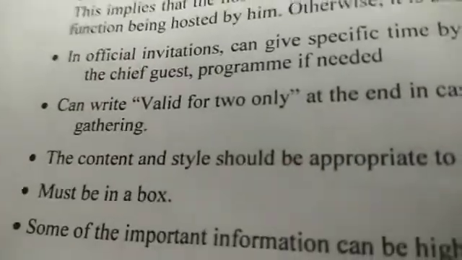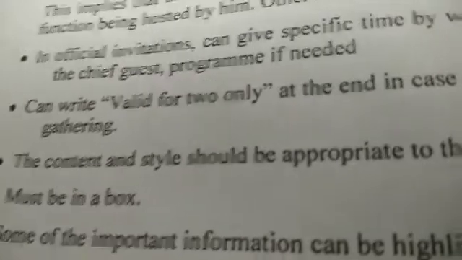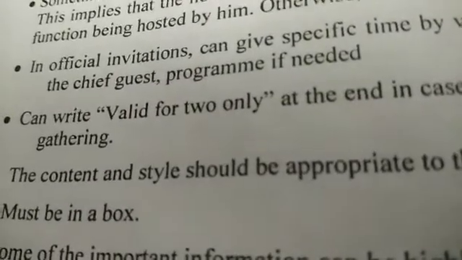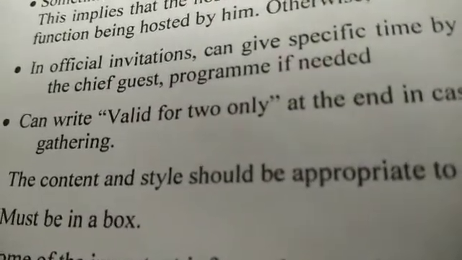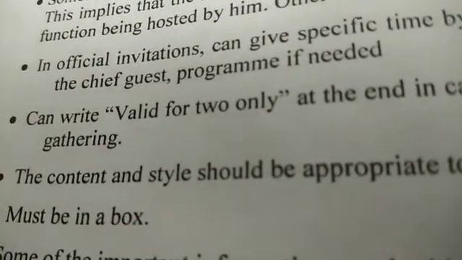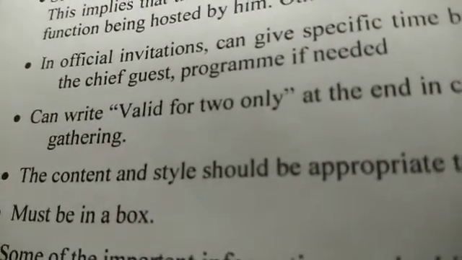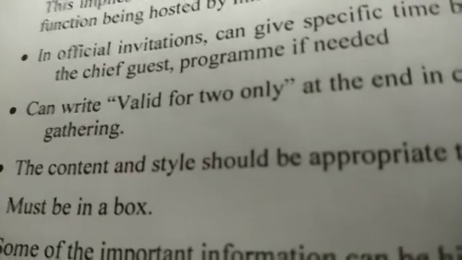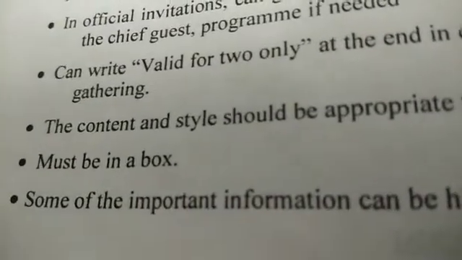It is expected that the guests are seated well in advance. So towards the end of the invitation, you can write a note: guests are requested to be seated by this time. Or you can write instructions like valid for 2 only in case you want to limit the number of gathering.